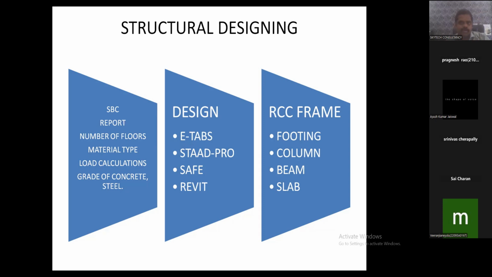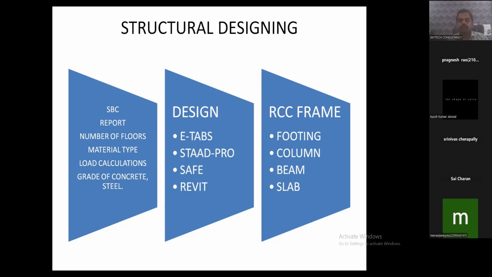Material type is very, very important for structural designing. If the walls use red bricks, lightweight bricks, or CC blocks, the dead load will be very different from each other. So the material type is also very important.